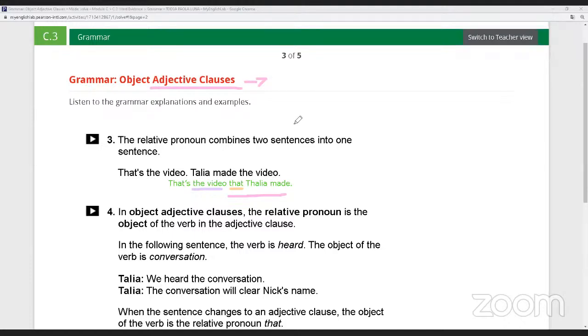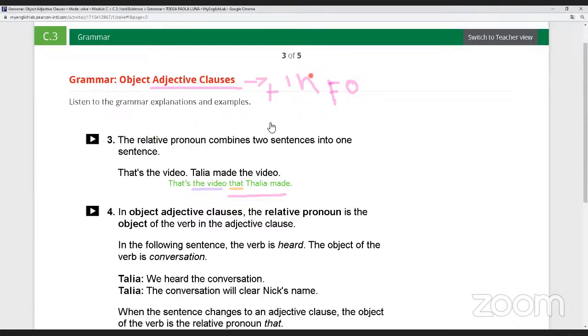What do you think? Because we have more information about your object, right? In the adjective clause, Nicole, we are always going to find more information about the object. In this case, the object is the video. Then we have the second part, okay? Where we're going to find more information about the video. So that's the video that Talia made. That could be. Okay, do you get it?